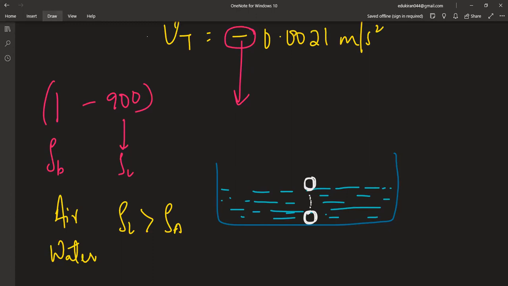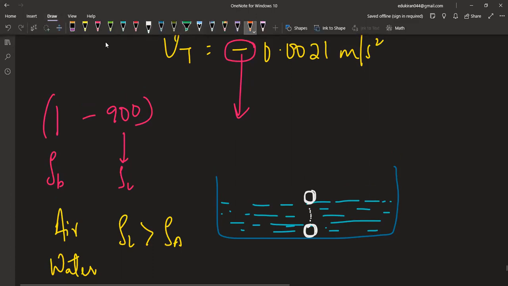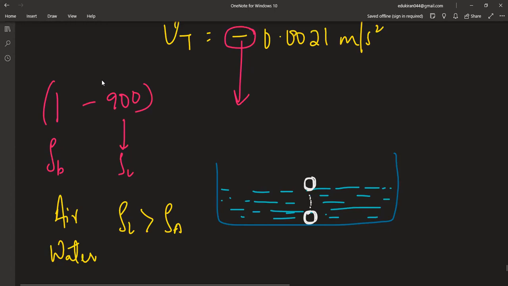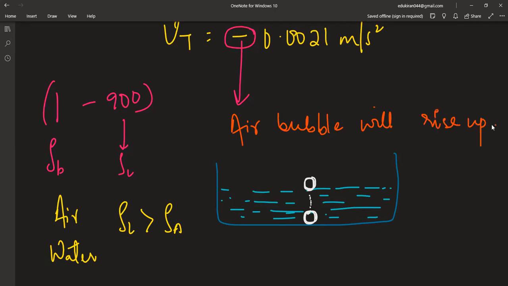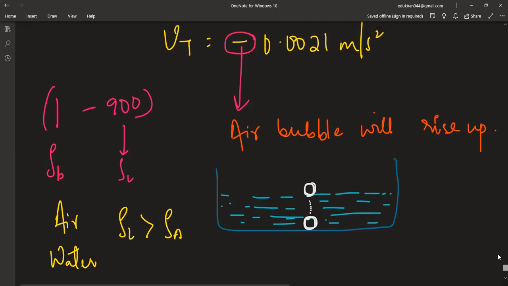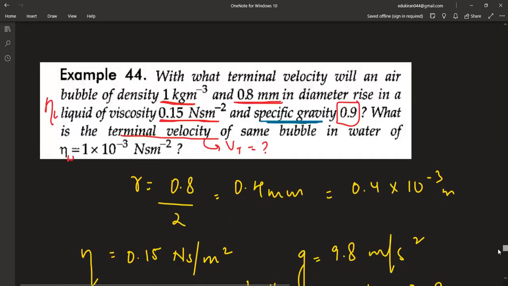So in the exam, you have to mention this fact, that this negative sign tells you that the air bubble will rise up. Then further, you can calculate the terminal velocity of the air bubble separately. Write down this.